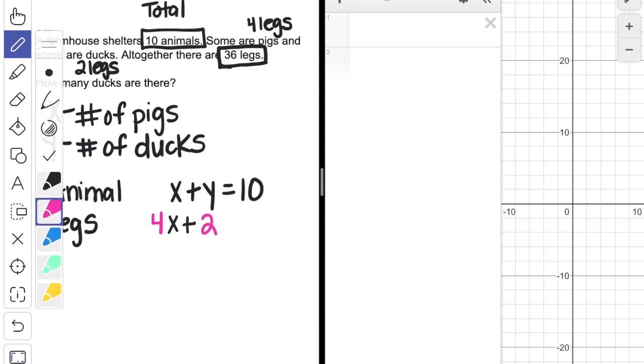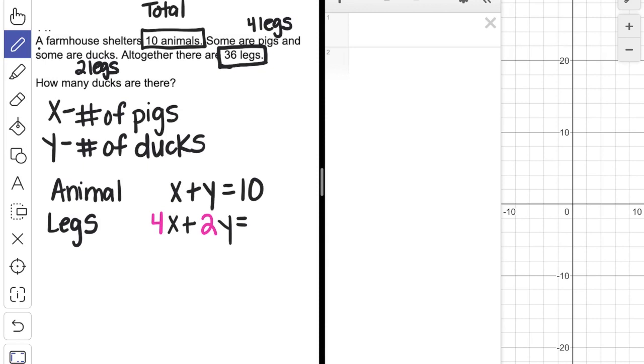So 2 legs per duck equals a total of 36 legs. Again, let me make sure we understand this. For my leg equation, I have 4 legs per pig, so 4x. We're going to add to that 2 legs per duck, so that's 2y, equals 36 total legs.